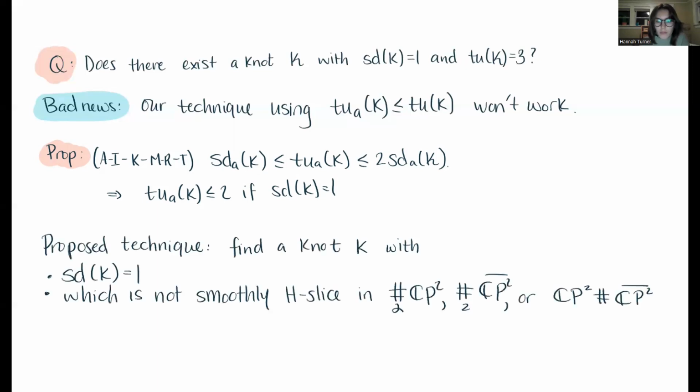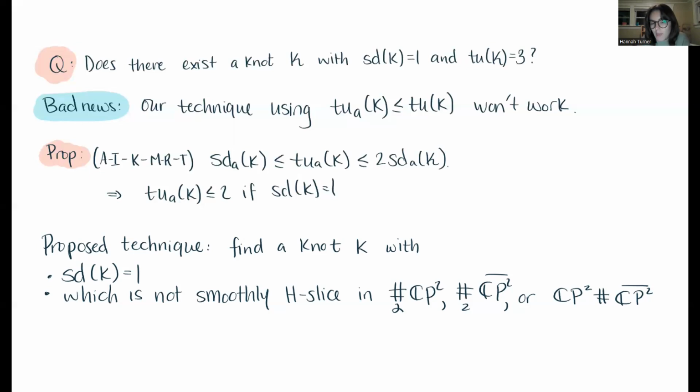Right. So what might work? I guess if I knew how well this would work, I'd be telling you a result and not a proposed method of studying this, but this could potentially work. So find a knot with surgery description number 1 and show by some method that it's not smoothly H-slice in any of these 4 manifolds.